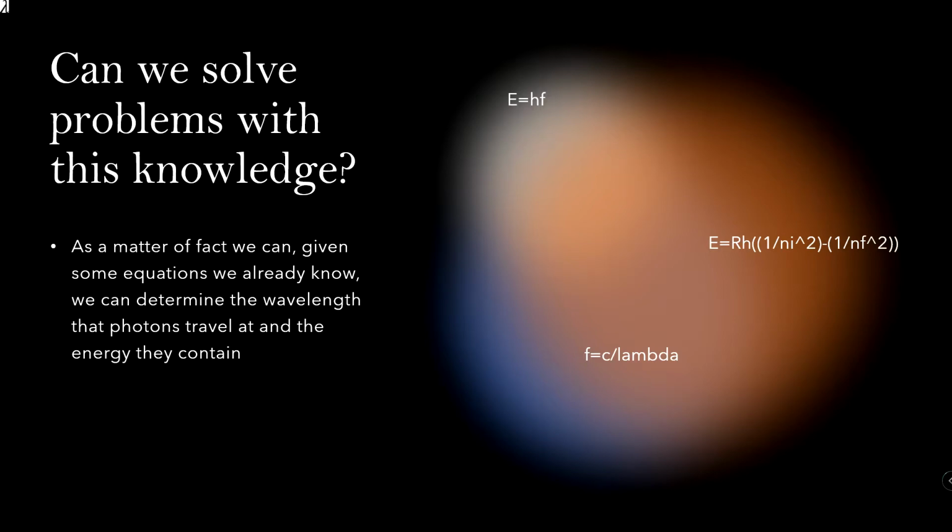Can we solve problems with the knowledge that we already have? And we can. I'm obviously not going to derive the equations, but we have some equations that have already been derived that we already know. You can find these online pretty much anywhere. And this can help us determine the wavelength that these photons travel at and the energy they contain.